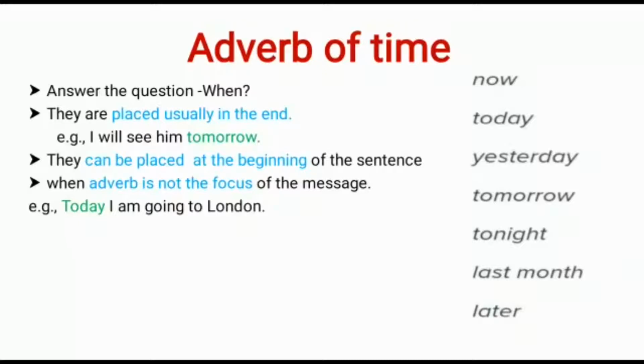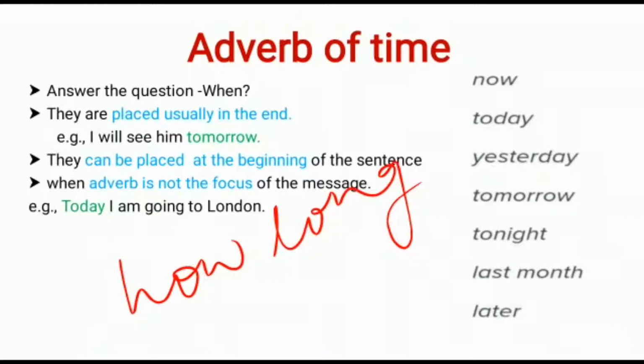They inform us about when an action happened, but they also inform for how long the action happened. Now adverb of time that tell us when include words like now, today, yesterday, tomorrow, tonight, last month, later, etc. An adverb of time that tell us for how long.